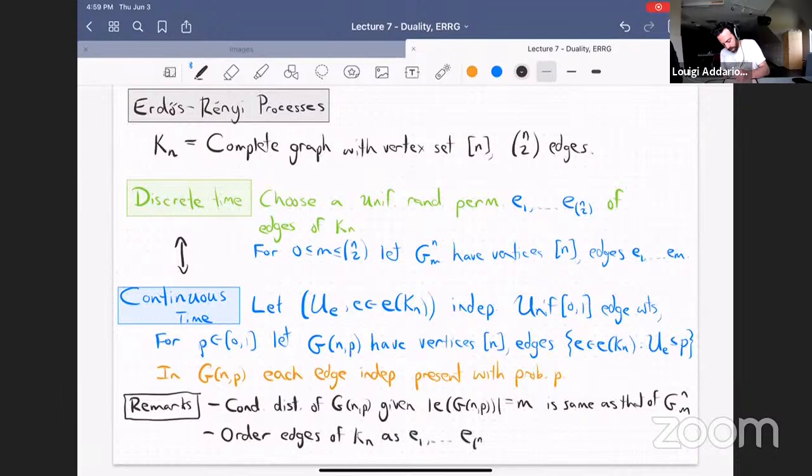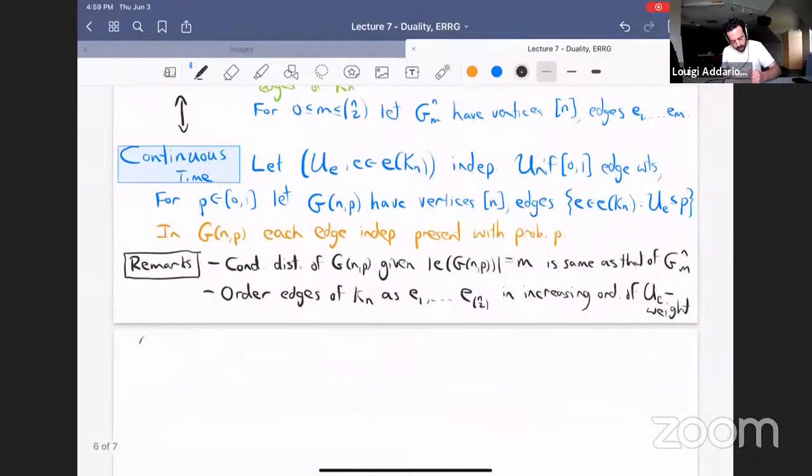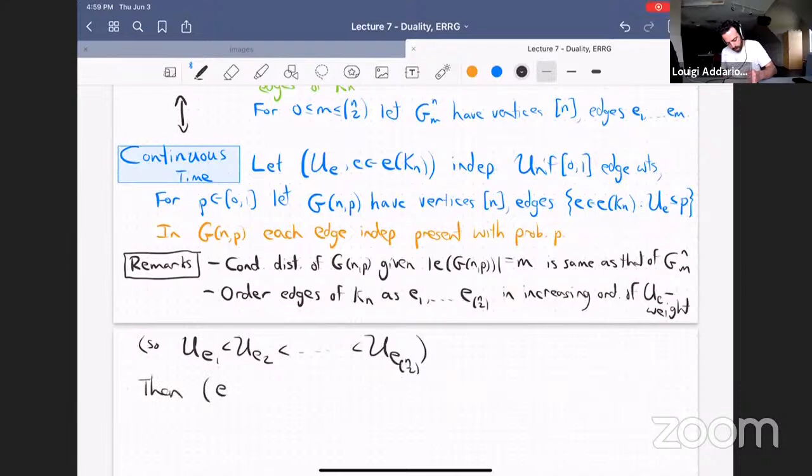On the other hand, if we order the edges of the complete graph, as e_1 up to e_(n choose 2), in increasing order of their U_e weight, so that U_(e_1) is less than U_(e_2), less than ... less than U_(e_(n choose 2)), then this permutation is a uniformly random permutation.